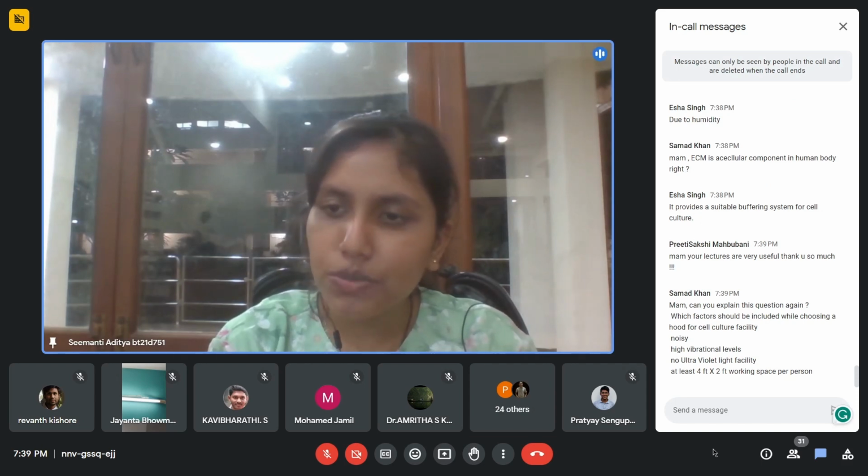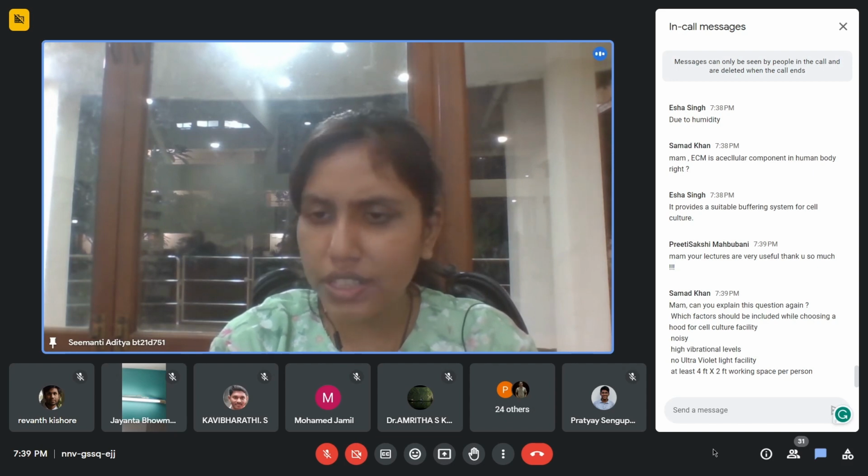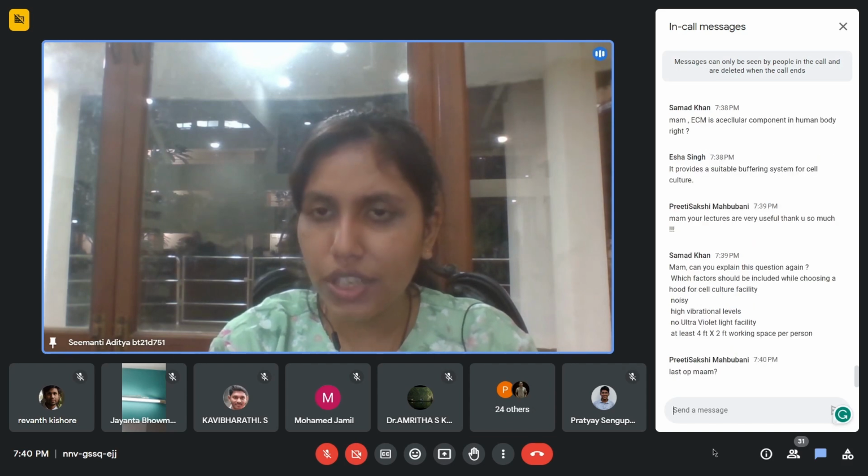Which factors should be included while choosing a hood for a cell culture facility? Noisy, high vibrational levels, no ultraviolet light facility at least. So these are the options you're saying. Noisy, high vibrational levels. I think the fourth option, 4 feet to 2 feet space per working person.